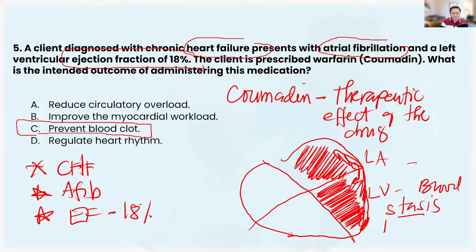Because the ejection fraction is very low, guys, 18%. When we are talking about an ejection fraction of 18, it simply means that the ventricle is not going to effectively pump this amount of blood from the left ventricle into the aorta. So there will be a lot of blood that will remain in the left ventricle.